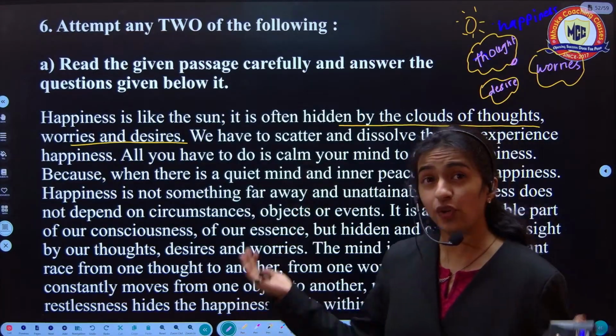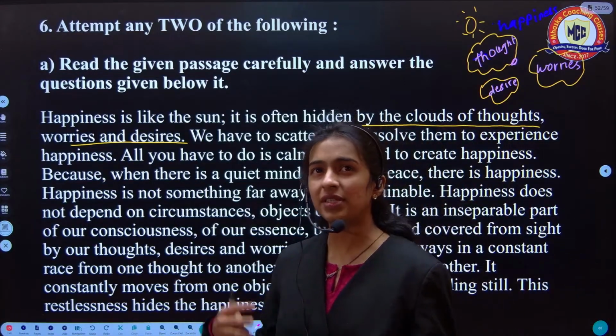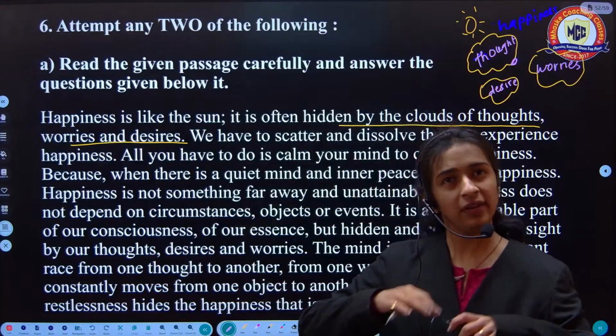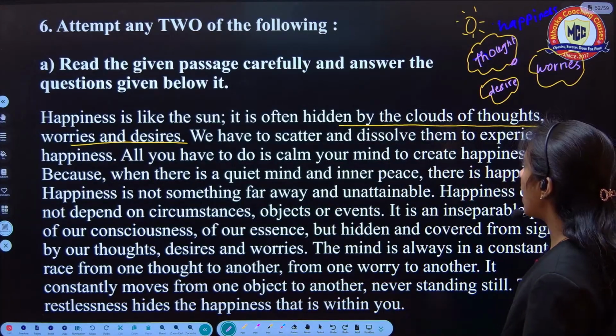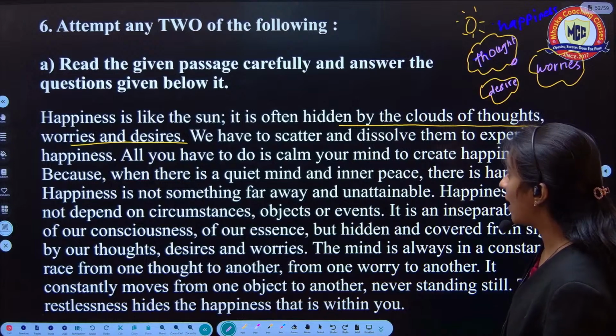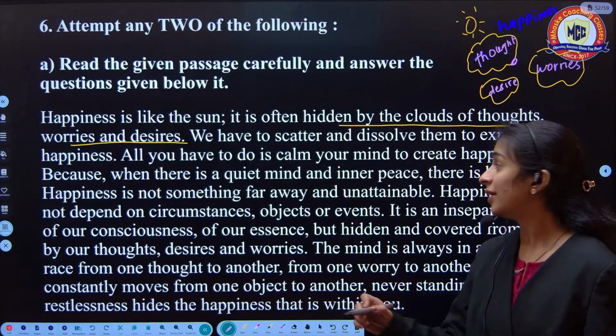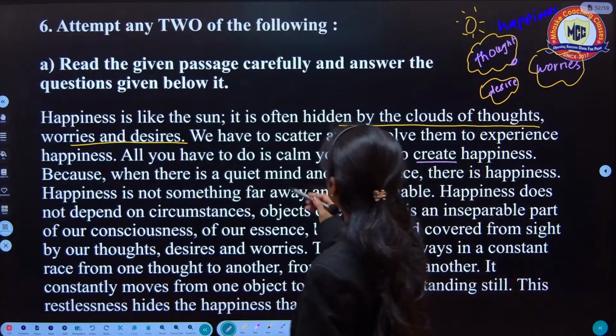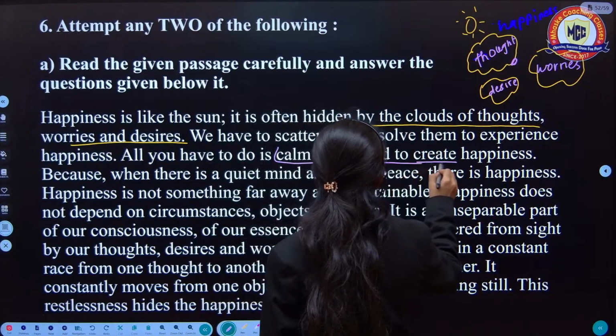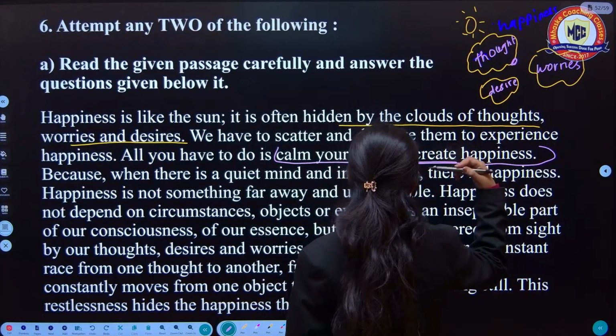You dissolve your worries, you dissolve your desire, thoughts, when you are happy. All you have to do is calm your mind to create happiness. Again, you find create here, which means here is the answer: calm your mind to create happiness.